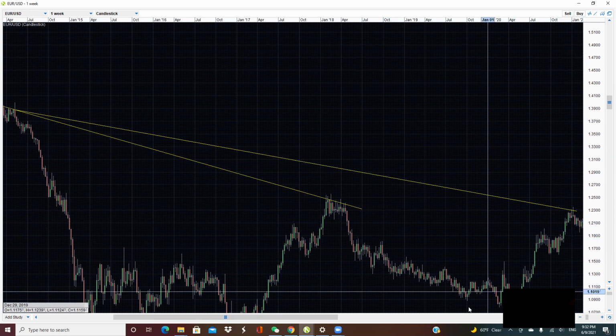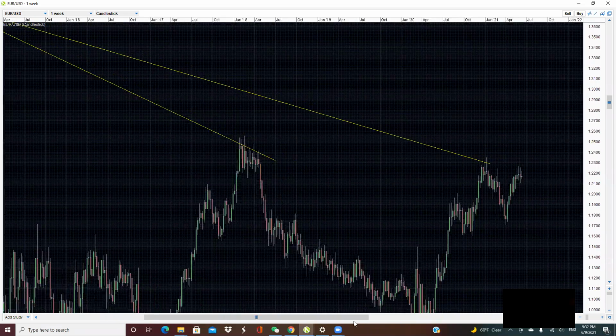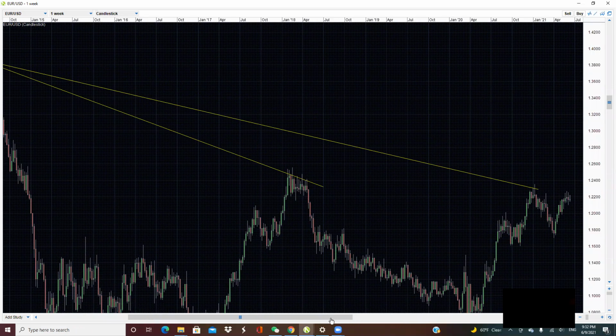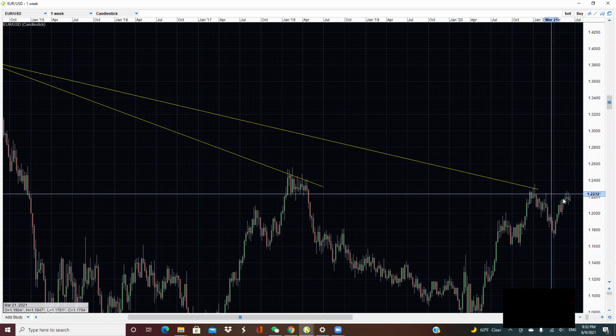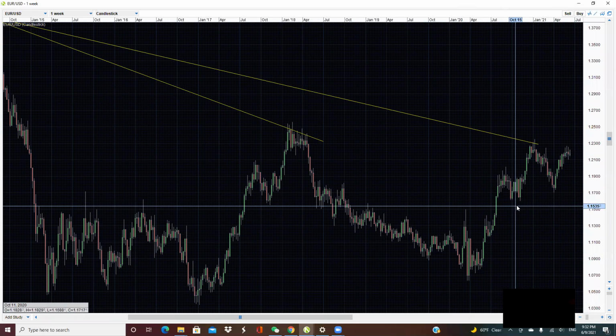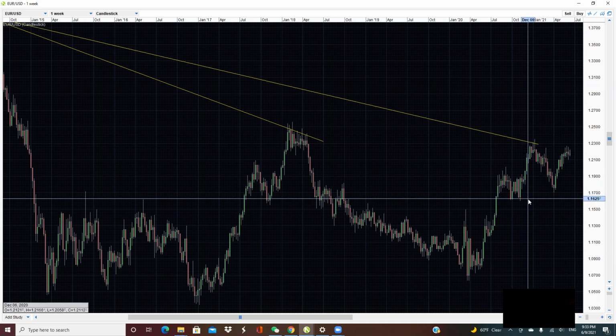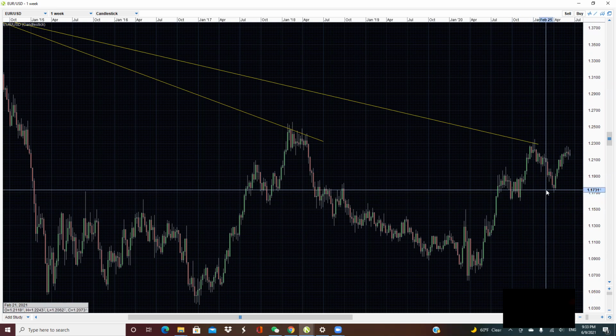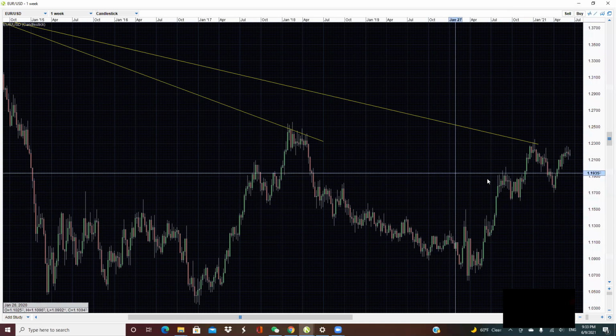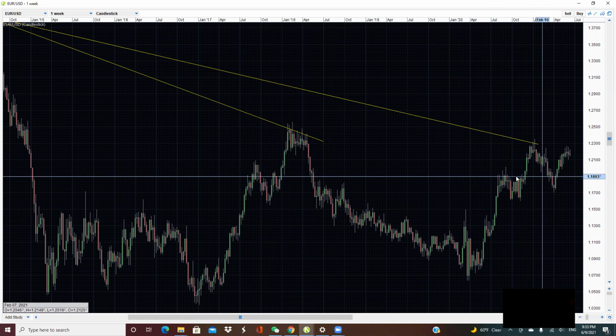Okay. So it looks like it's breaking a little bit on the trend line. So on the weekly basic, I would put a position right here, right above the resistance here.